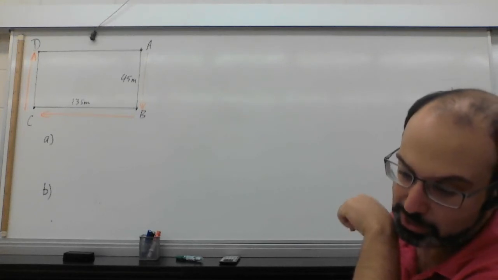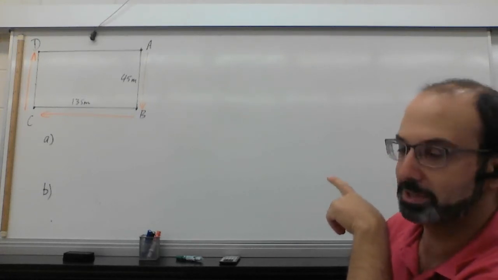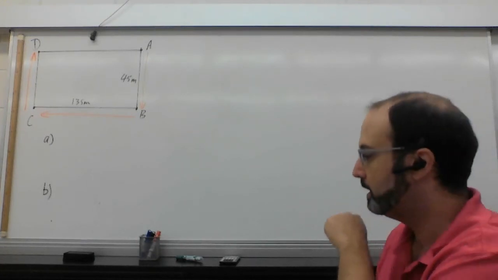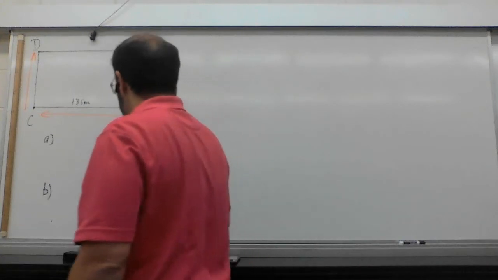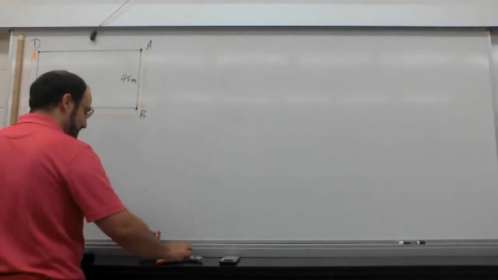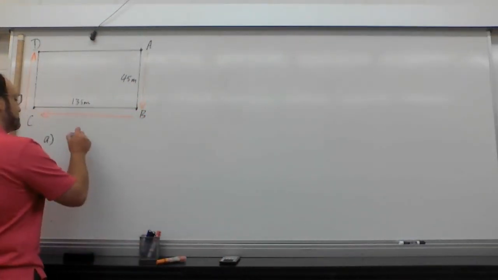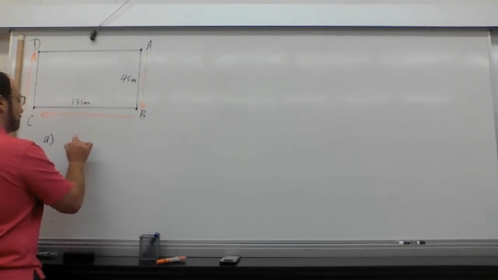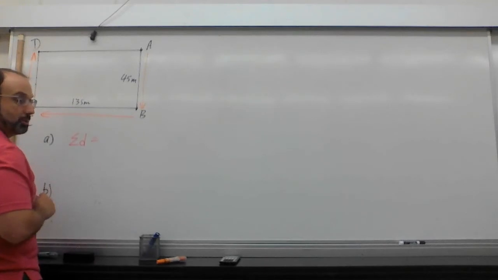So then the question asks, what is the distance that you travel and what is your displacement? This is where things start to get a little sneaky. The distance that you travel, we must remember that distance is found by taking the sum of all distances involved.